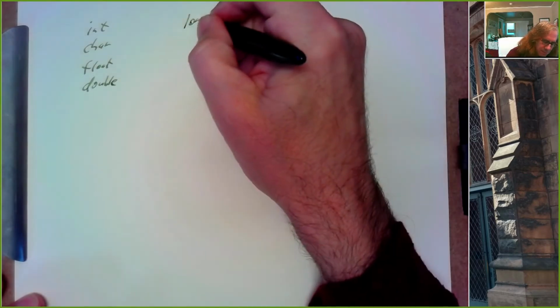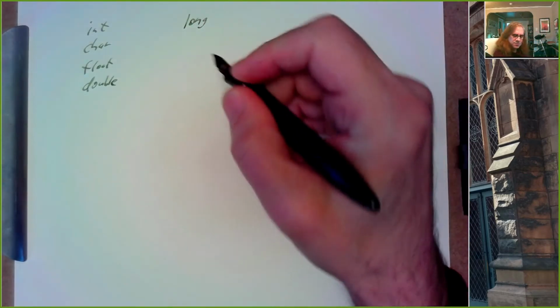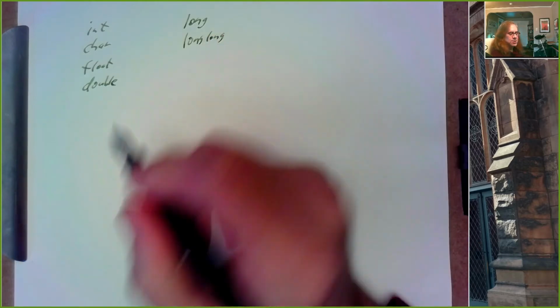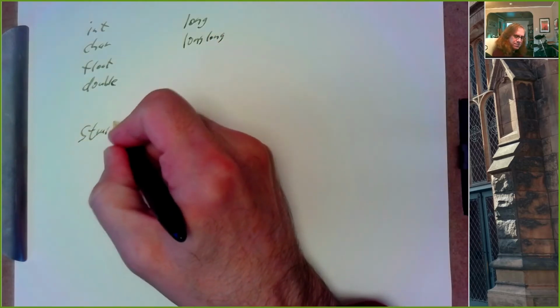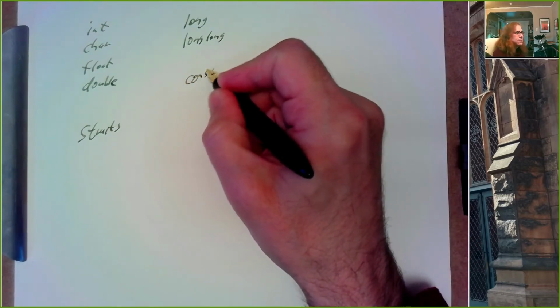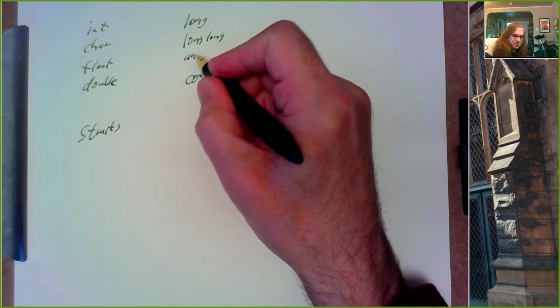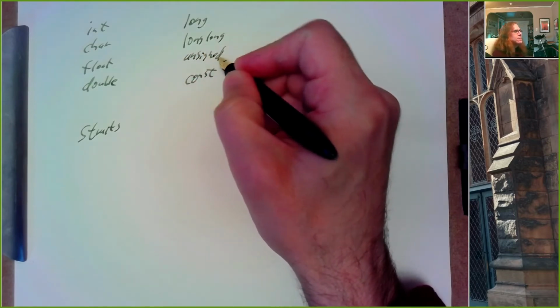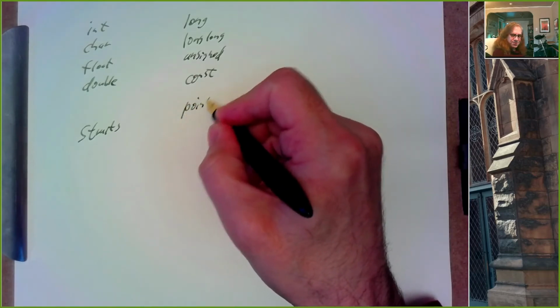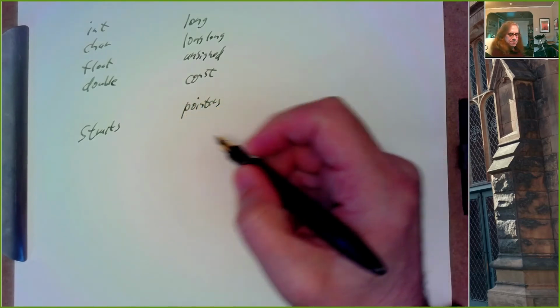What other types of data do we deal with in C? Longs. Structs. Constants. Unsigned. Pointers, someone said it. Address.